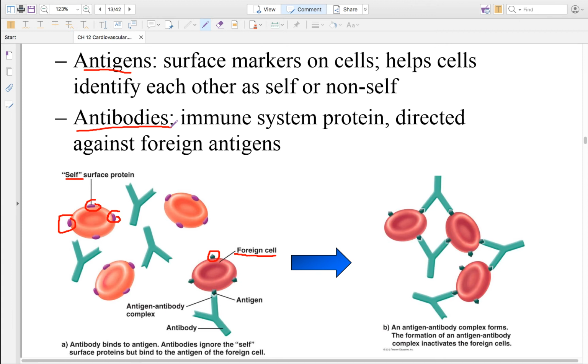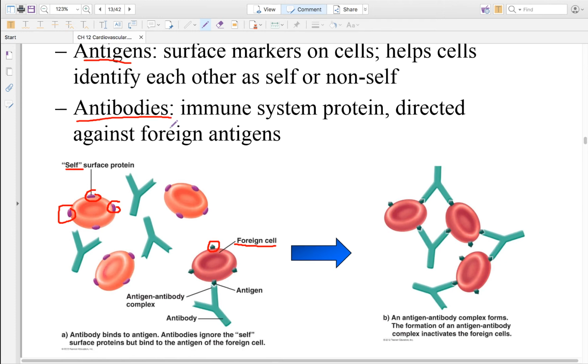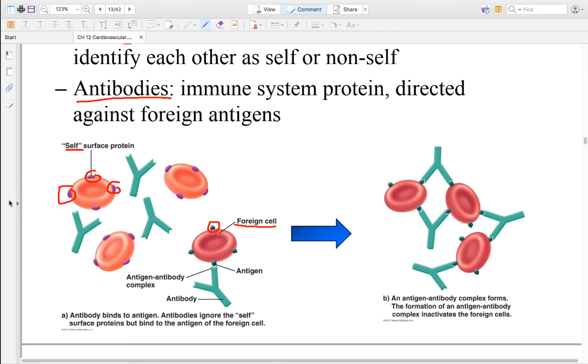Every foreign antigen that you have ever been infected with, your system carries antibodies to fight against that infection if you ever meet it again. Okay, so here's a perfect example. This is a blood transfusion kind of mistake that is very rare. What we're showing here are self antigens, right? These belong to, let's say, you.